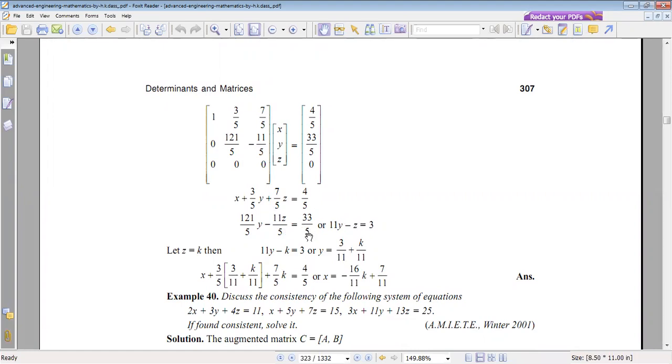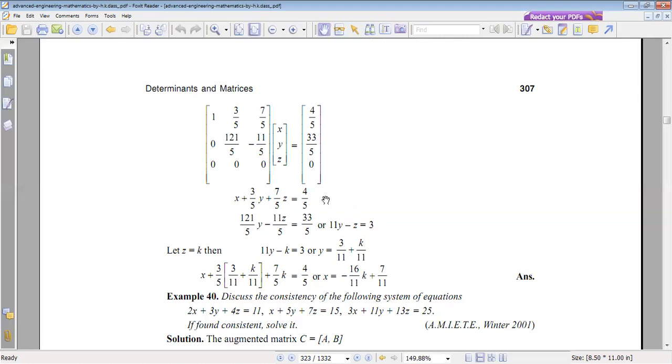Now if you divide this second equation by 11 by 5, what do you get? 11y minus z equal to 3. Now see here, how many unknowns do you have? 3 unknowns, x, y, z.